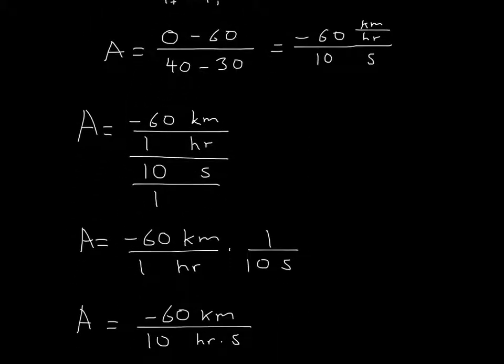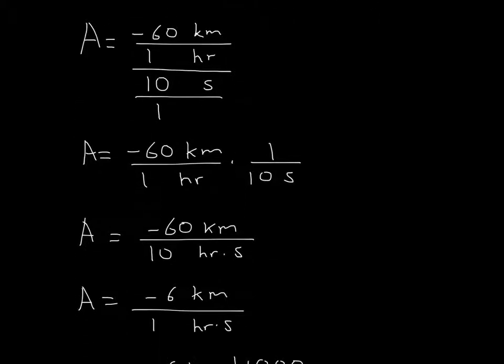If you have a fraction divided by a fraction, you can flip it and then multiply. This makes it easier. So I just put 10 seconds over 1, and negative 60 is already the conversion, negative 60 kilometers over 1 hour. I just flipped it, and now you can multiply across.